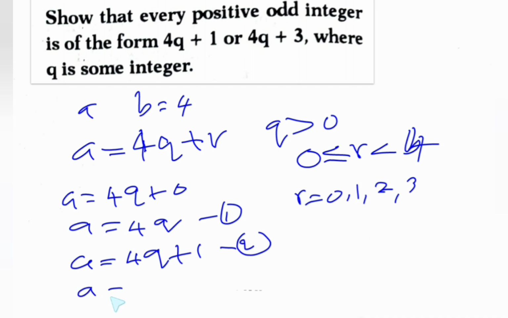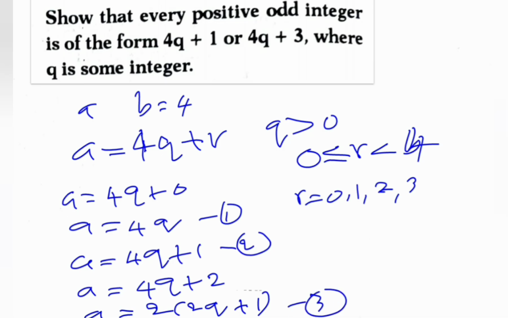And again a is equal to 4q plus 2, here a is equal to 2 into 2q plus 1, this is number 3.